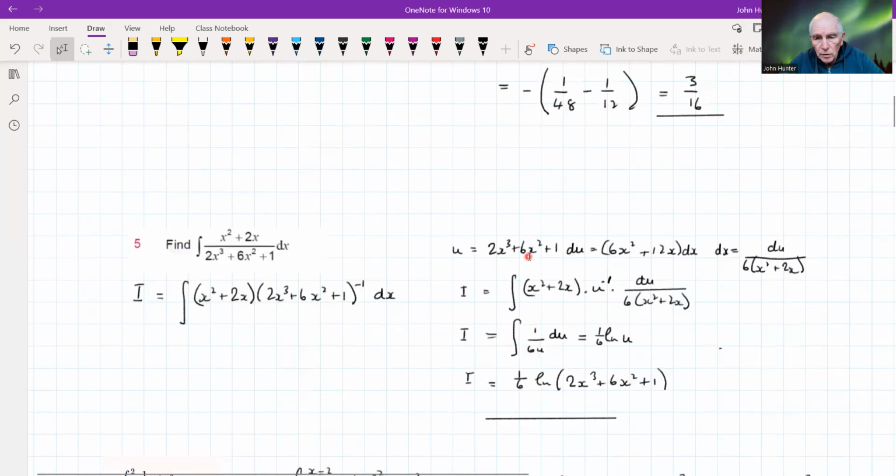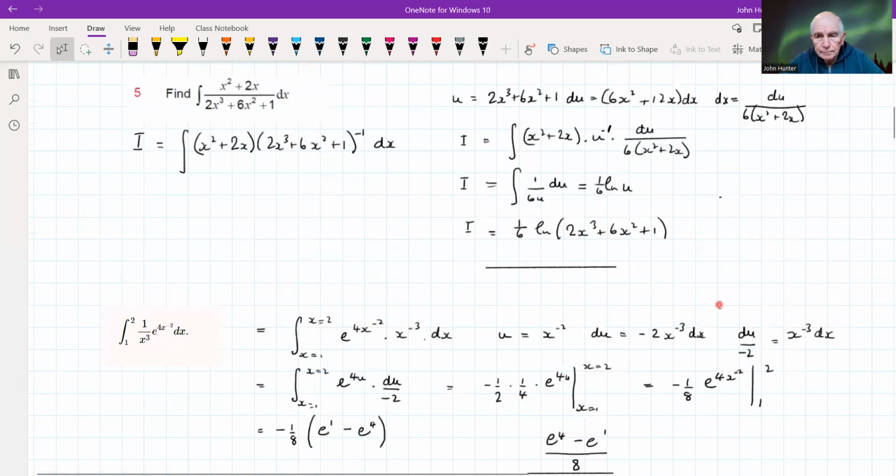Let's just have a look at another example. Find this integral, x squared plus 2x over 2x cubed plus 6x squared plus 1. Again, if I write it like this, it becomes more evident that this is the derivative of the inside function, the f of x.